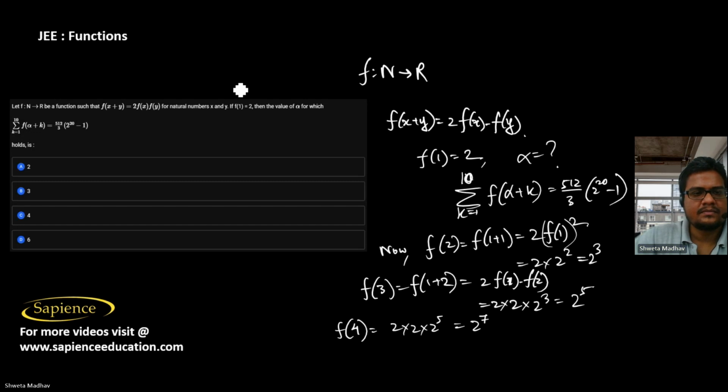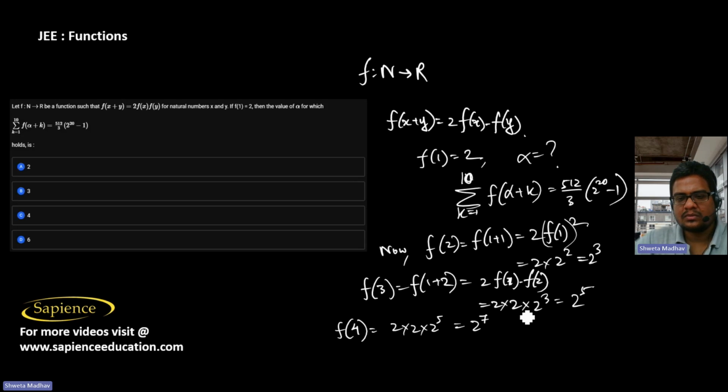Now f(alpha + k) can be written as 2 into f(alpha) into f(k). Now here you can see that it is 3, this is 5, 2 times 3 is 6 minus 1, 2 to the 4 minus 1.